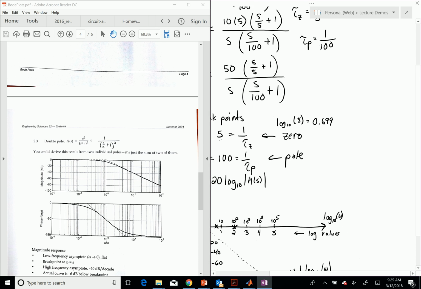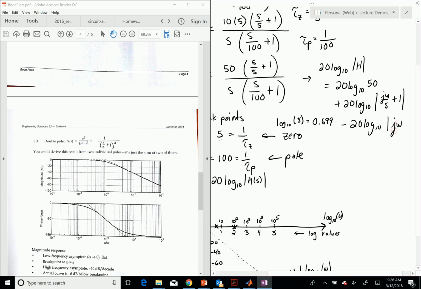So just to remind ourselves, when I take 20 log 10 of the magnitude, it becomes 20 log 10 of 50, plus 20 log 10 of the magnitude of j omega over 5 plus 1, minus 20 log 10 of the magnitude of j omega.